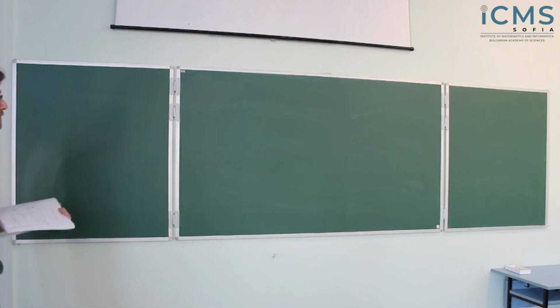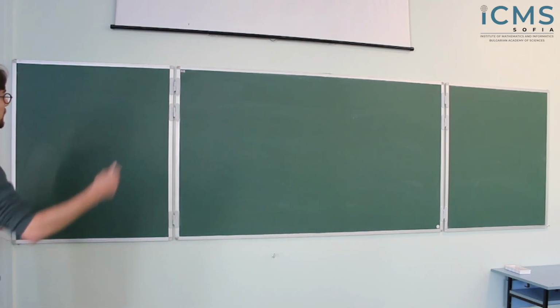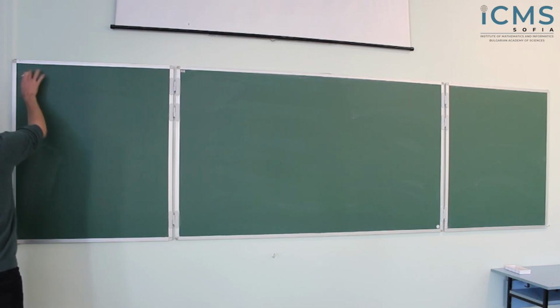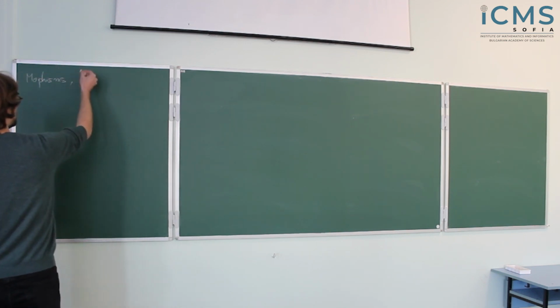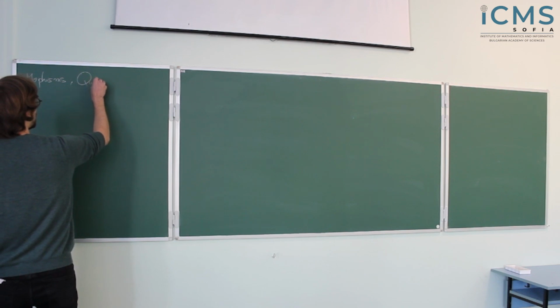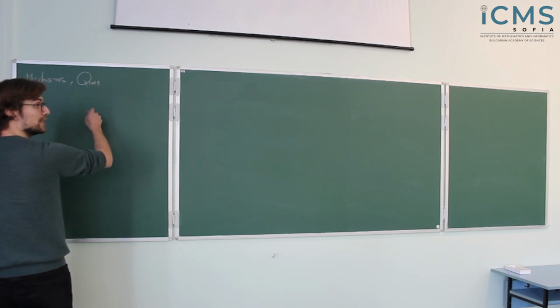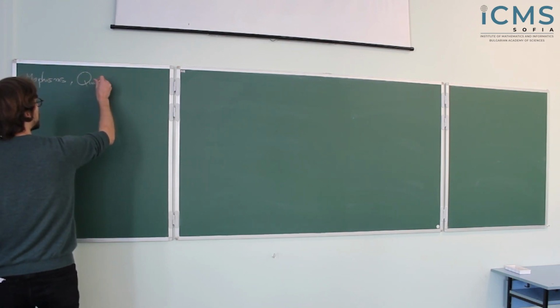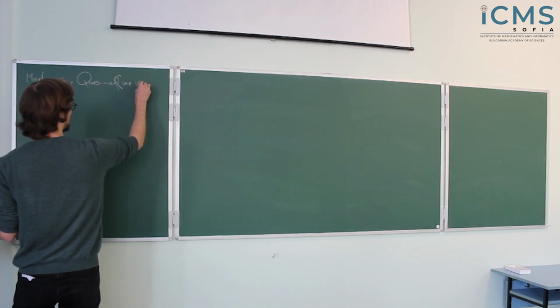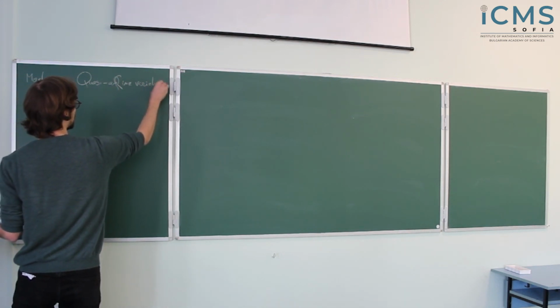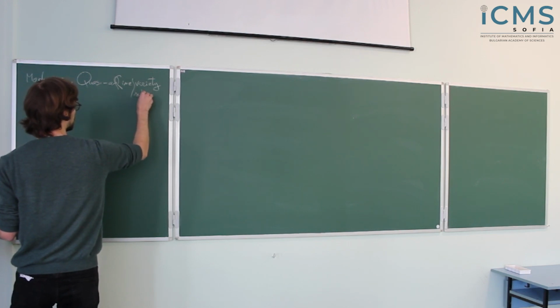I'll recap a little bit what we did last time, up until now. Up until last time we defined what morphisms were, and we also used a notion of quasi-affine variety or subset.